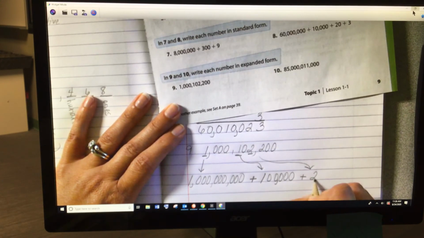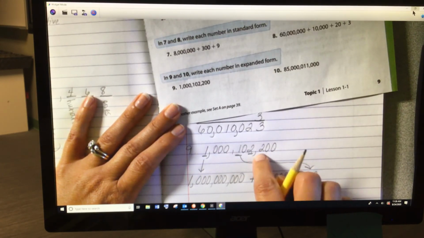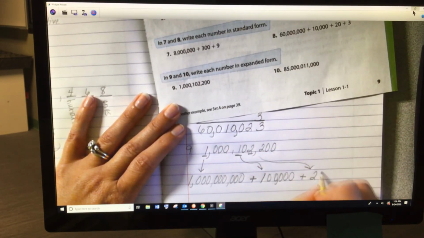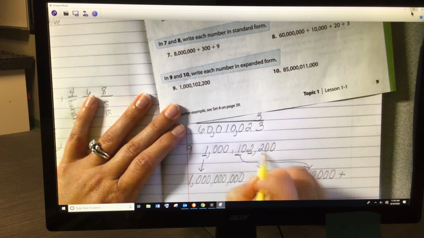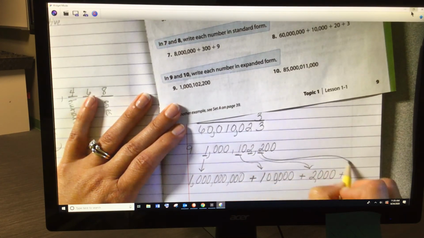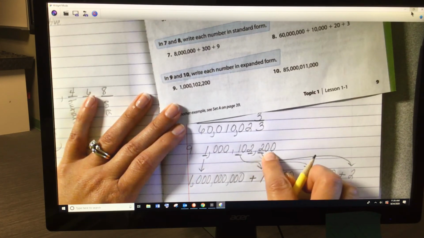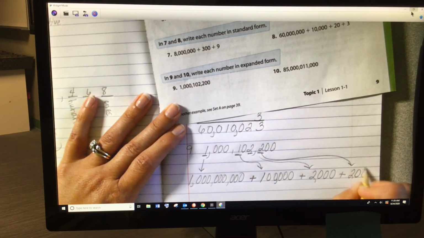How many zeros need to come after the 2? Well, 1, 2, 3. Put your comma. Plus, we have another 2. What place value is that 2 in? How many zeros do I need after it? I need 2 for 200.